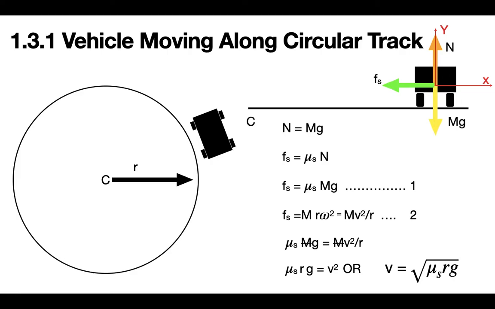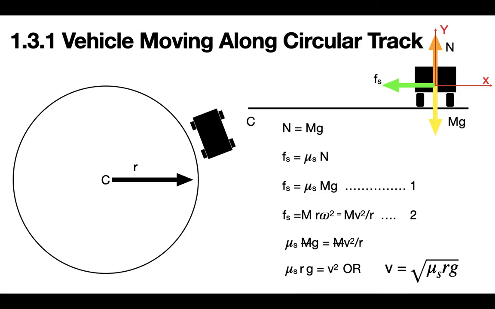So the velocity attained by a vehicle in circular motion will be governed by two factors. The first is the coefficient of friction and the second is the radius.